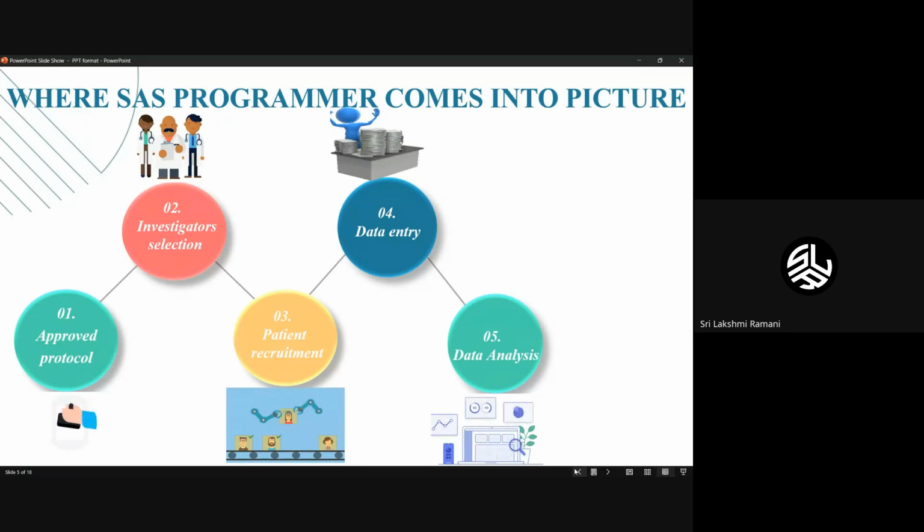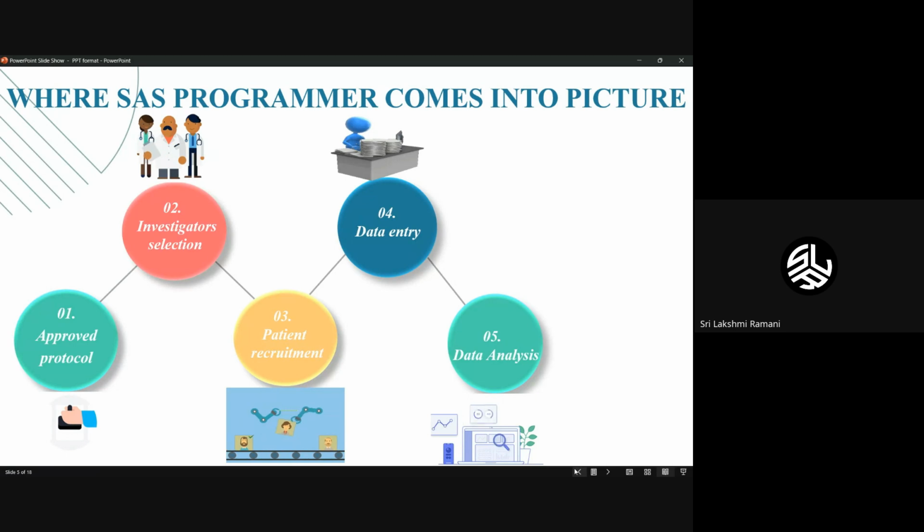Suppose after clinical trials we received a result of 1,000 papers, we can't go to the US FDA people with that 1,000 papers. How much time will it take for them?